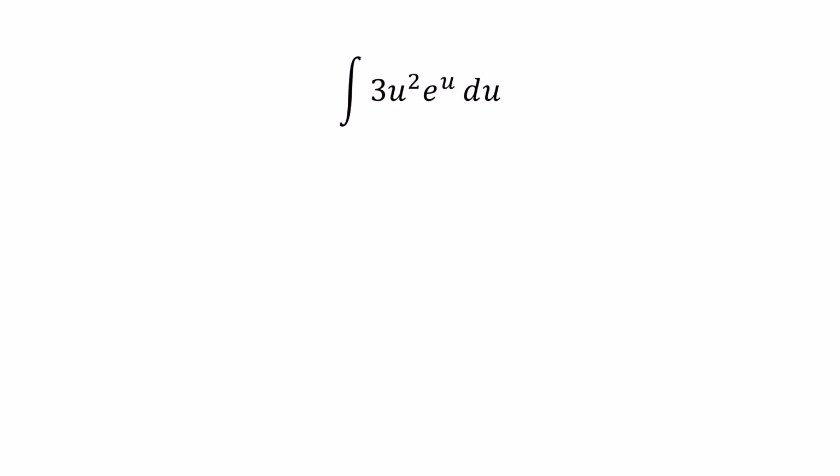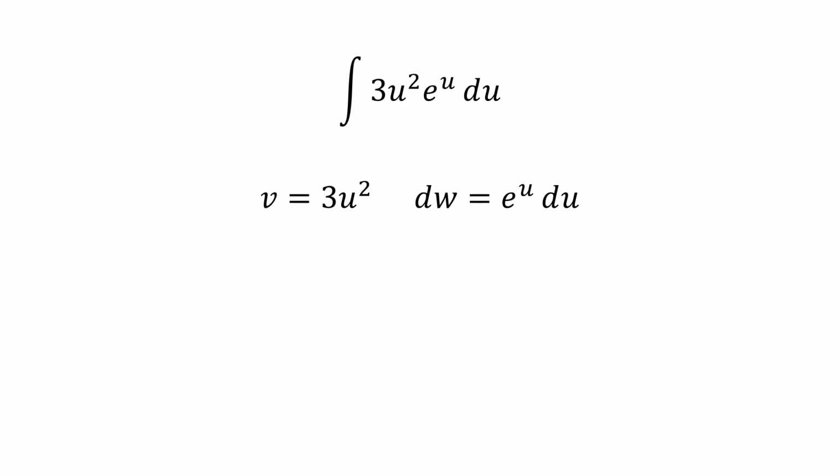We now integrate by parts. We start by choosing v equals 3u squared and dw equals e to the u du.